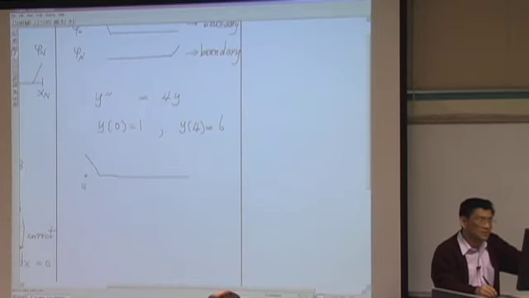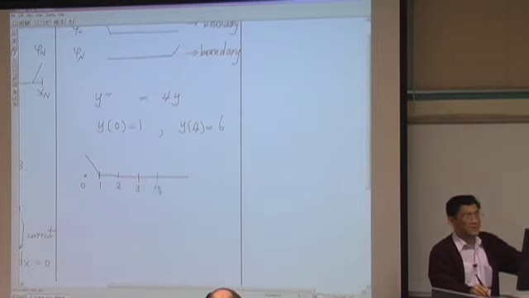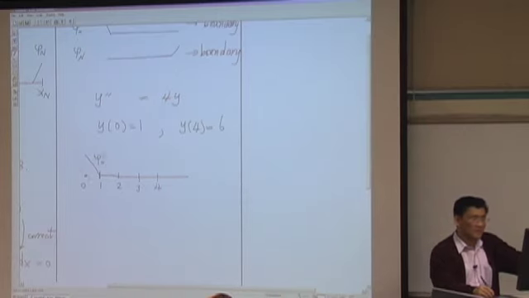This is 0. This is 1. Right? So this is the case, right? So this is the phi 0 function. And then phi1 function, phi2 function, phi3 function, and then this is phi4 function.